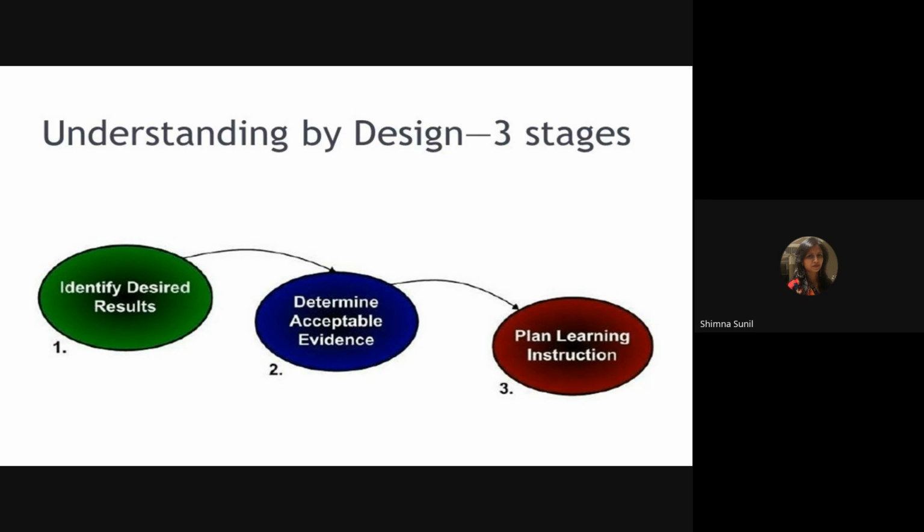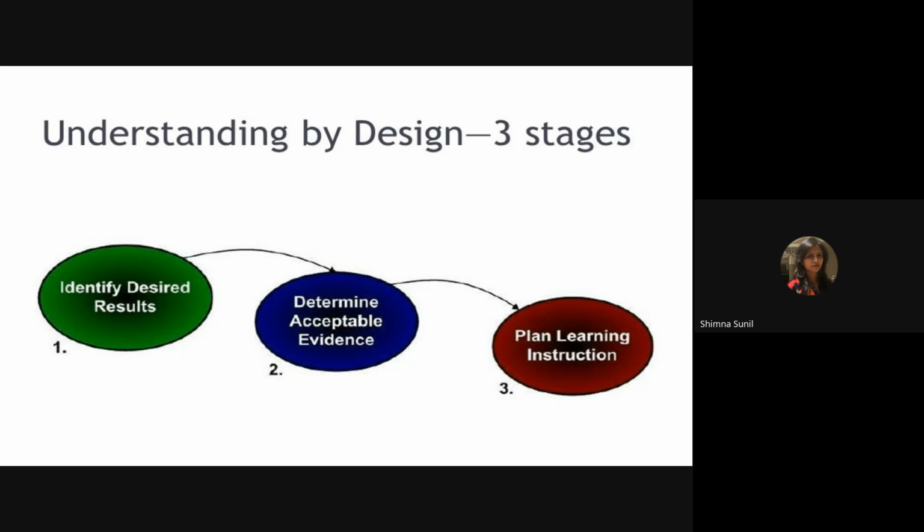Understanding by Design flips the traditional planning and tells you to think about the learning outcome, not the learning objective. Decide your learning outcome first. So instead of thinking about your learning objective, we are moving to the student, from teacher centric to student centric.